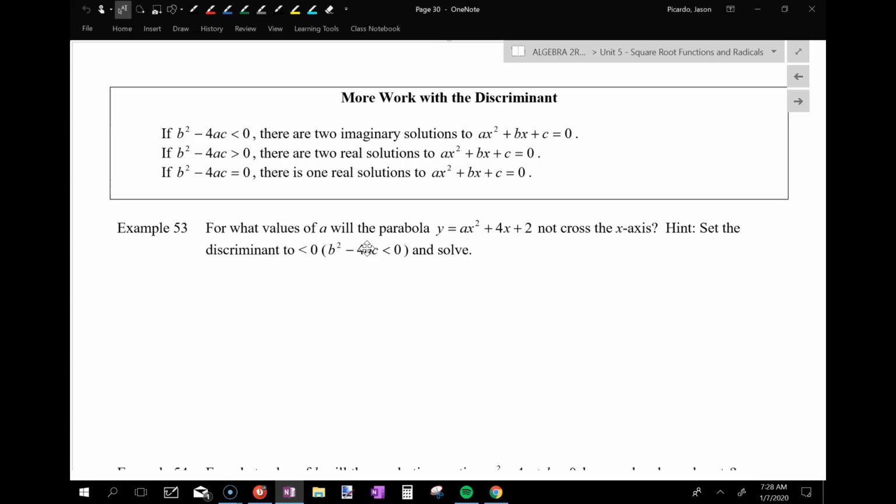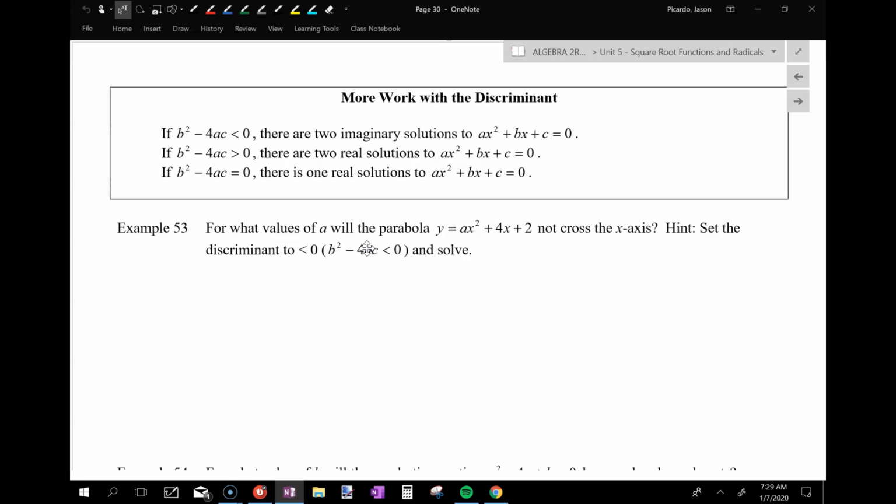So I want to find a value for a so that this parabola will not cross the x-axis. Well, for the parabola not to cross the x-axis, what do I know? The discriminant has to be less than 0, because not crossing the x-axis means I have imaginary roots, no real roots, okay?